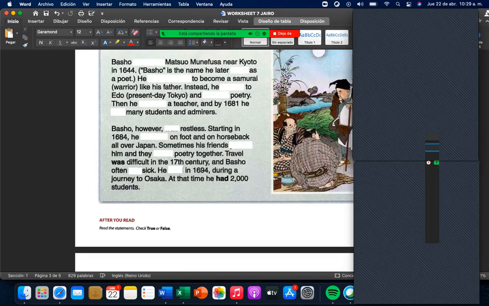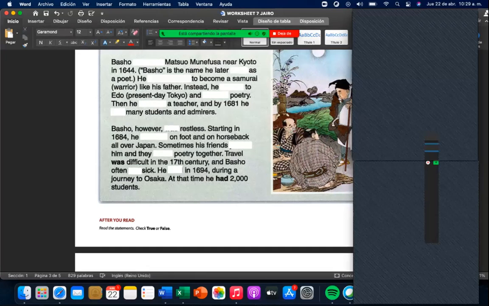Let's have Felipe finish this, and then Nidia can help us with the next paragraph, okay? So Felipe, in this verb, instead, you still have a blank space, right? Yes, teacher. Okay, let's ask for help. Anybody wrote something here, guys? Anybody? To become.